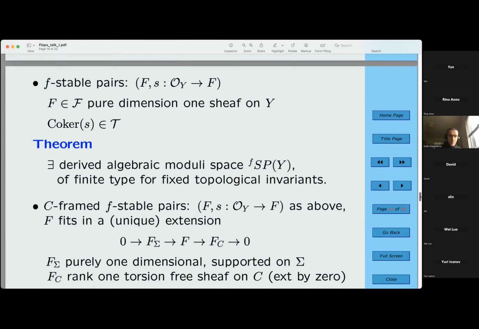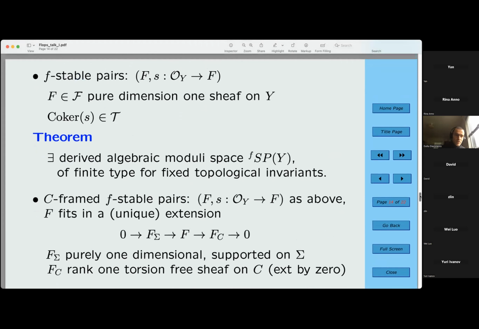Now, in our setup, we are going to impose what's called a C-framing condition on this object by requiring the sheaf F to fit in an extension of this form. Namely, F decomposes, in the sense of an exact sequence like shown here, into a rank 1 torsion-free sheaf on C, extended by any kind of pure dimension 1 sheaf with support on sigma.